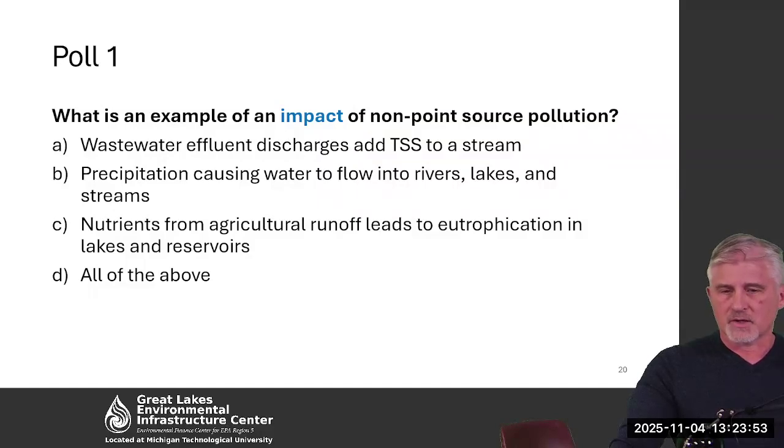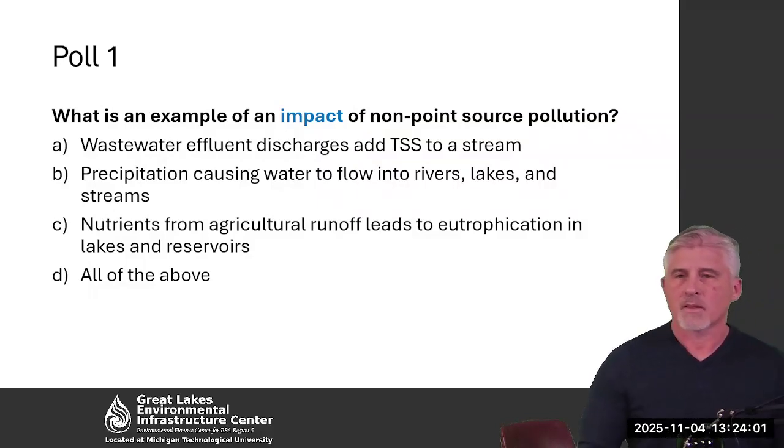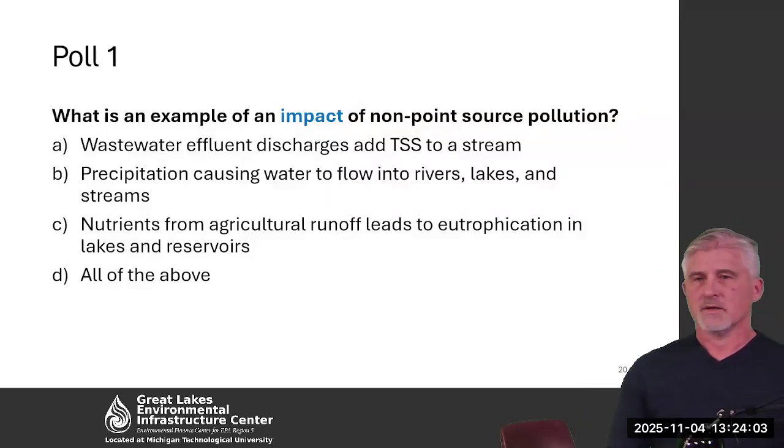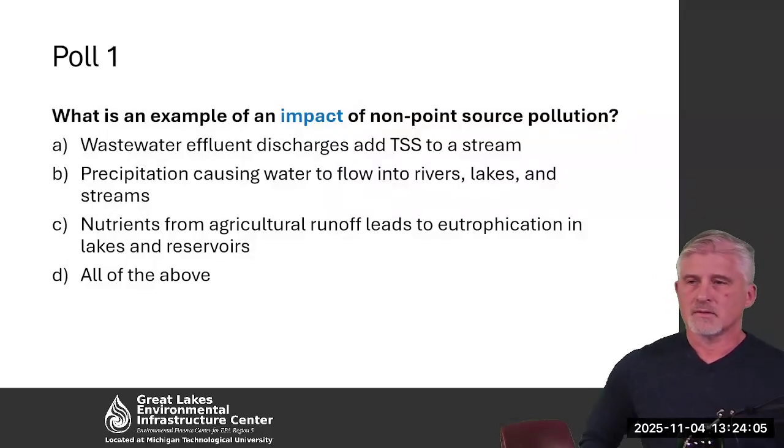C, nutrients from agricultural runoff leads to eutrophication in lakes and rivers. Or D, all of the above. So we'll follow and see when we get a good number of responses, then we'll let you all know what the correct answer is.